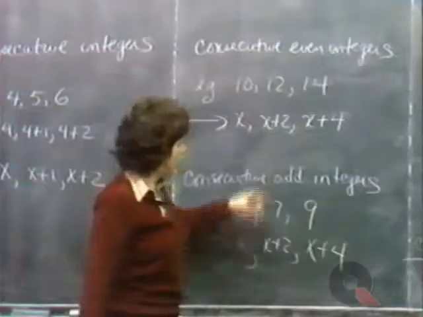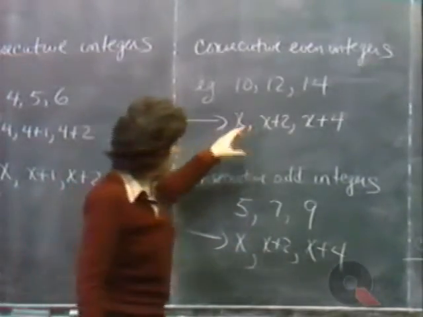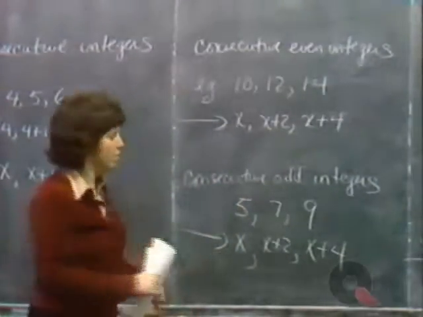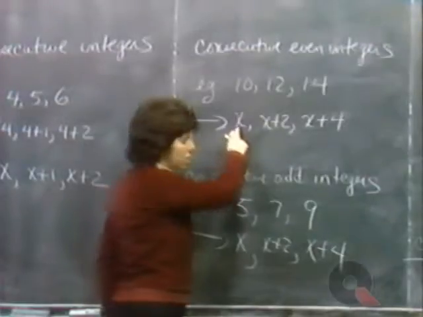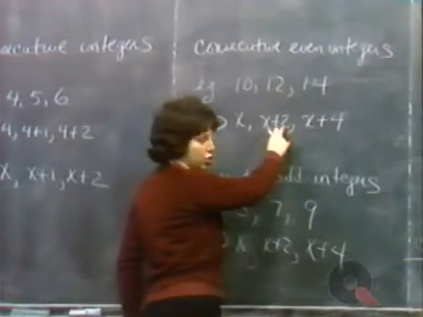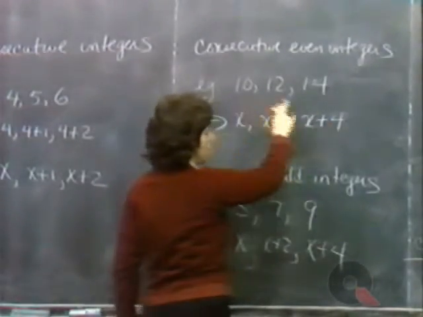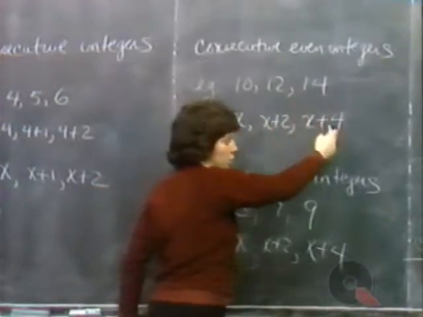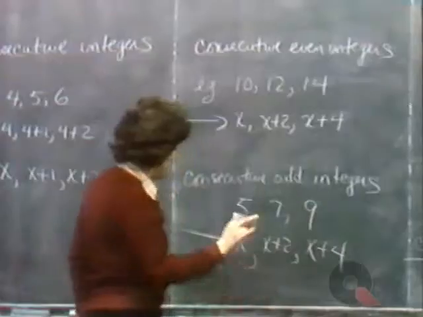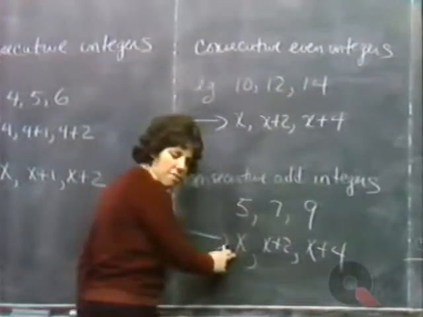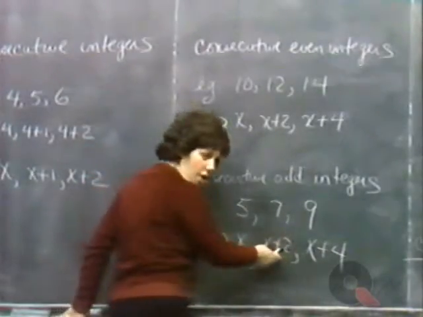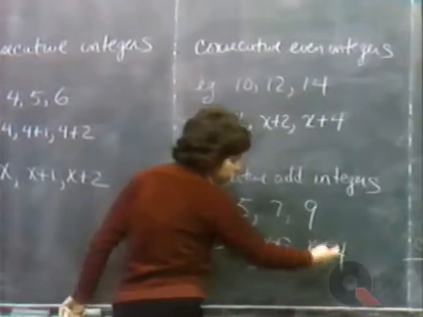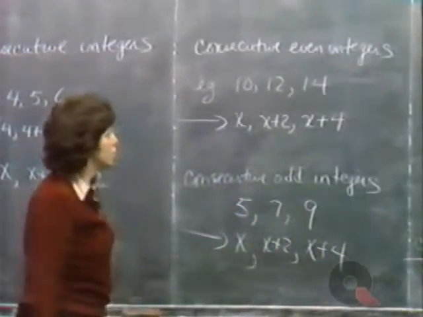The trick is that it all depends on what x is. If x is even, for example, if x is 10, then 10 plus 2 is 12, and 10 plus 4 is 14. If the first one is even, adding 2, you'll still be even. Adding 2 again, you'll still be even. On the other hand, if x is 5, add 2, you'll be odd. 5 plus 2 is 7. Add 4, you'll still be odd. So the whole thing is your starting point.